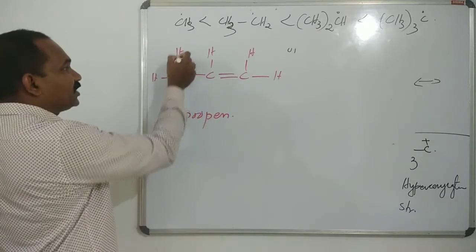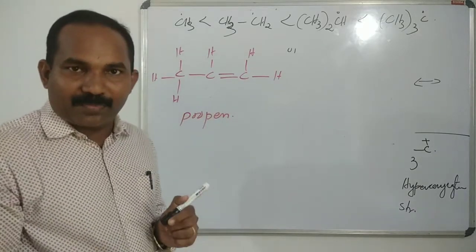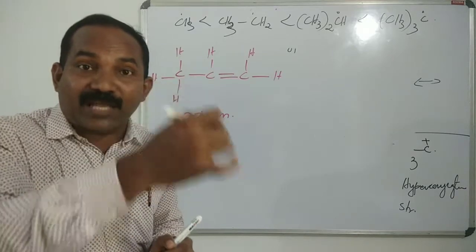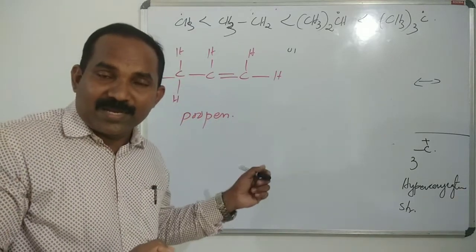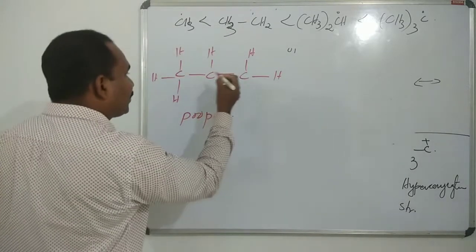The CH sigma bond is attached to the unsaturated system, as earlier, attached to the p or unshared p orbital. What happens here?